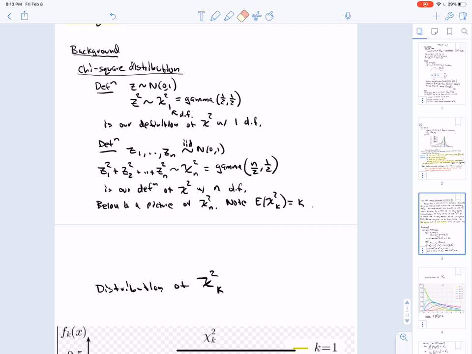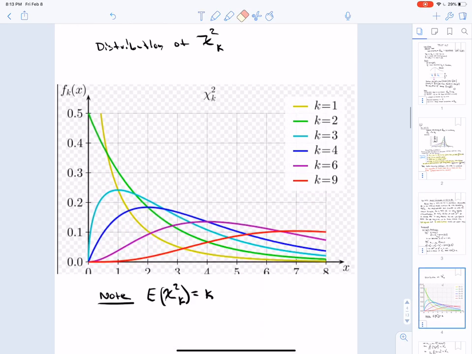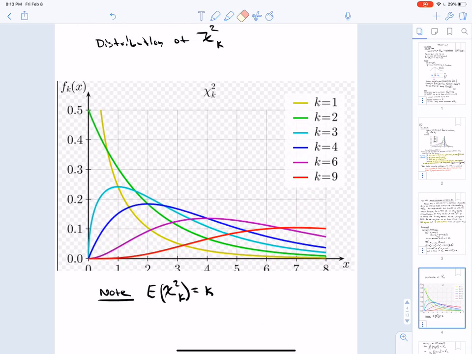I'm going to give you a little bit of insight into what this distribution looks like. Here is the graph of the distribution, and just notice the fact that the expectation of the chi-squared with n degrees of freedom is n, so the center of the distribution shifts to the right as n increases.